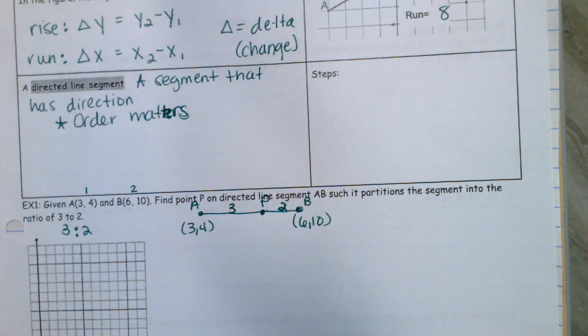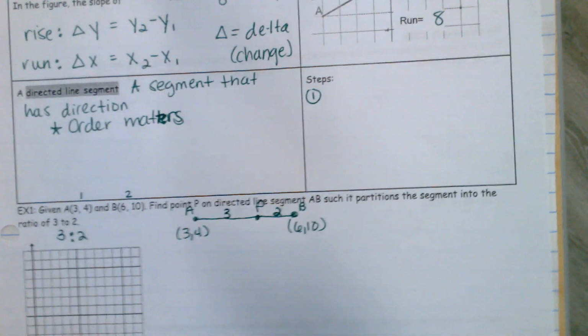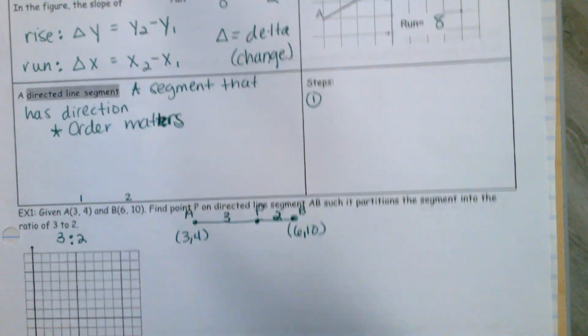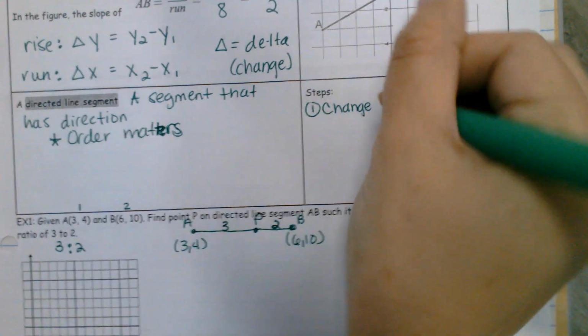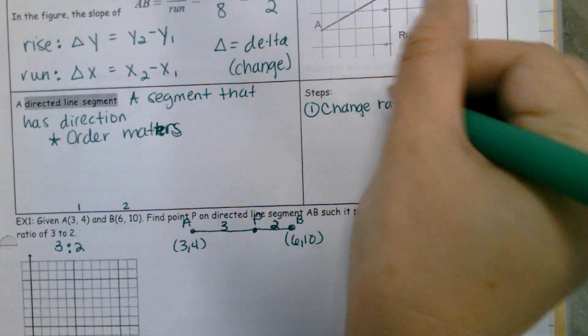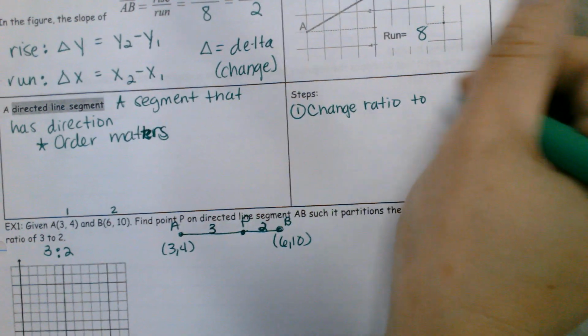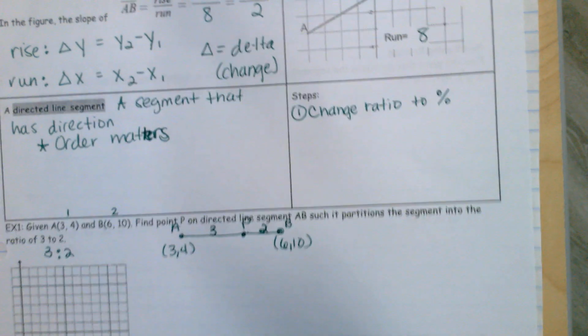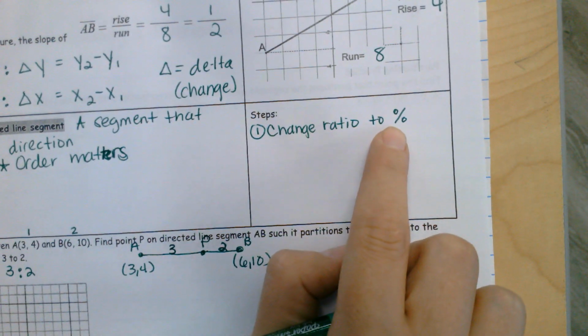I'm going to change this ratio. This is the first step: change the ratio to a percent or a fraction. I call it a percent because it ends up being like a decimal. So change ratio to percent.